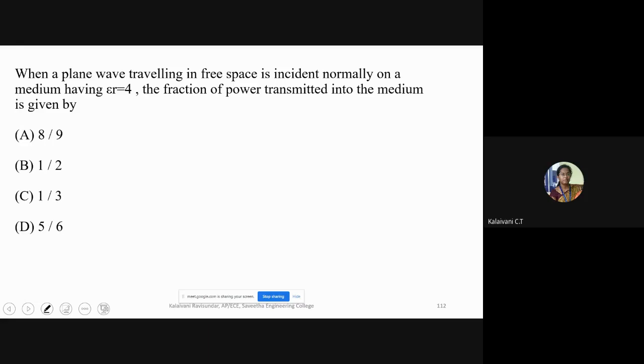A plane wave traveling in free space, so one medium is free space, is incident normally on a medium having epsilon r equal to 4. So the second medium has epsilon r equal to 4. We need the fraction of power transmitted into the medium.